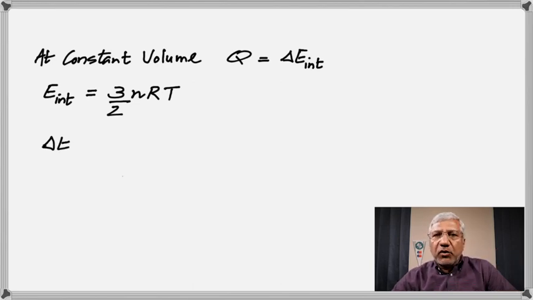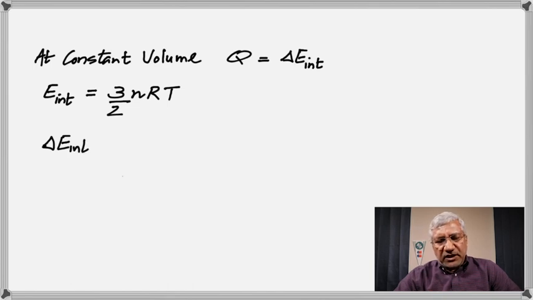That is for n moles of an ideal gas. Where did we get that 3 from? It's a monoatomic gas. Ideal gases are monoatomic. That's why you get the internal energy is 3/2 nRT. n is the number of moles, R is the universal gas constant, and T is the temperature in Kelvin.